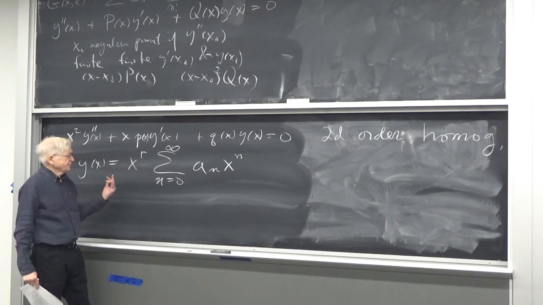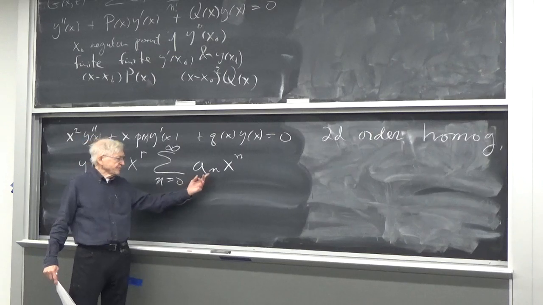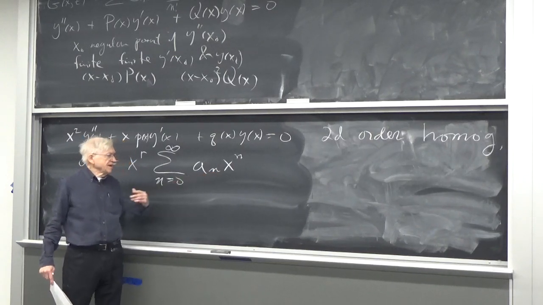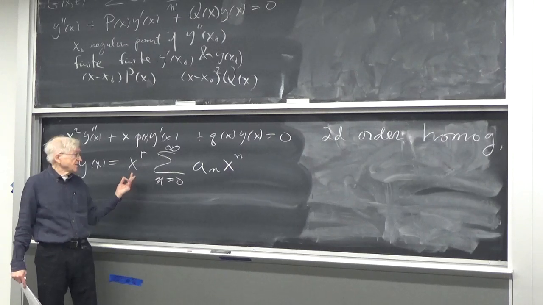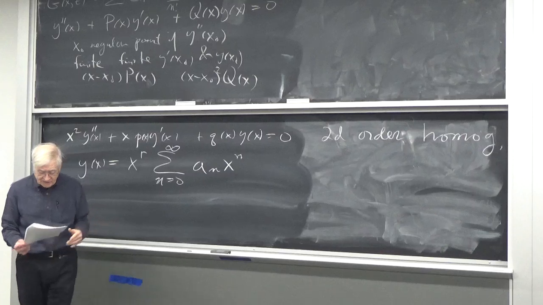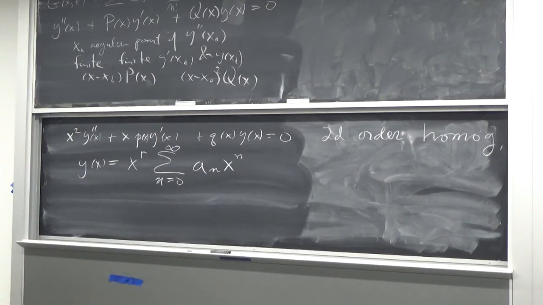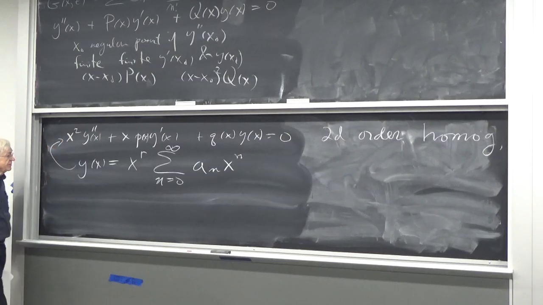And notice what's going on here. A0 is the coefficient of the lowest power of x in the solution, and the lowest power then is x to the r.